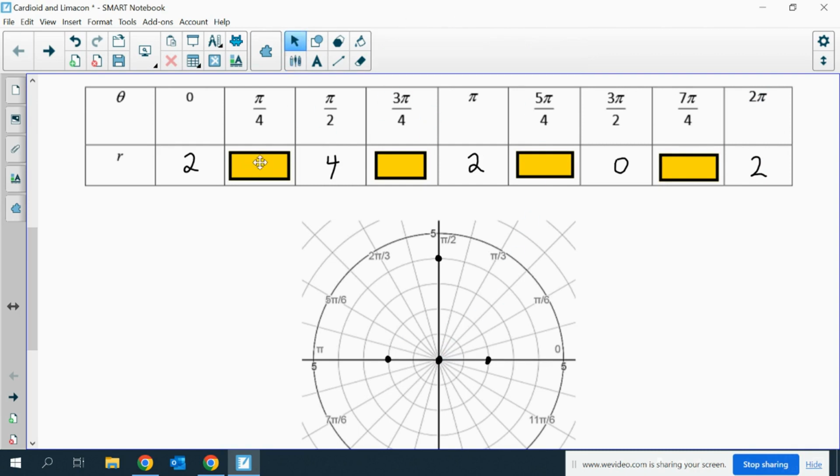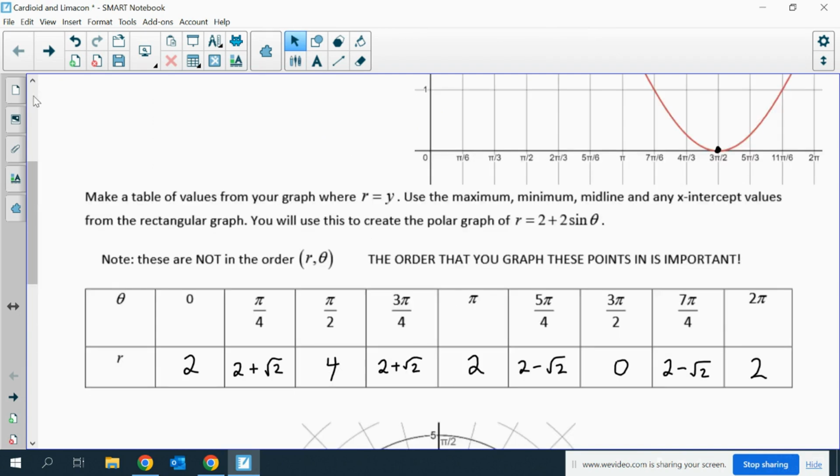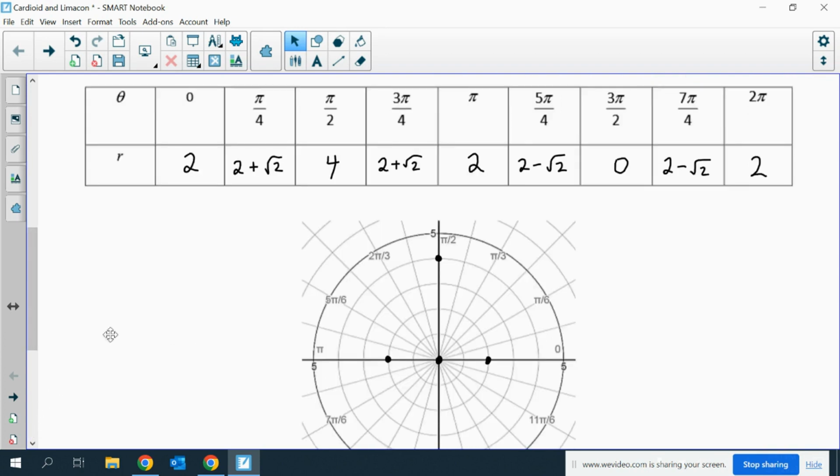Then we can look at some other things just to get a better idea of what is happening. Now if we plug pi fourths into this equation, sine of pi fourths is root 2 over 2, so we would see 2 plus root 2. And likewise for substituting in 3 pi fourths, 5 pi fourths, and 7 pi fourths. So we end up getting a little bit better sketch of this.